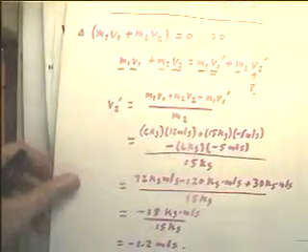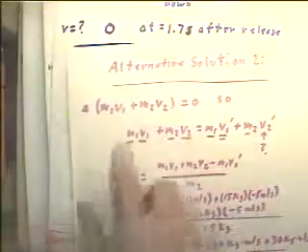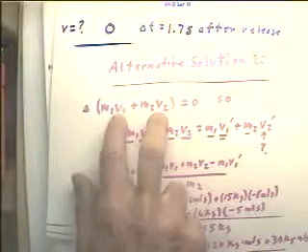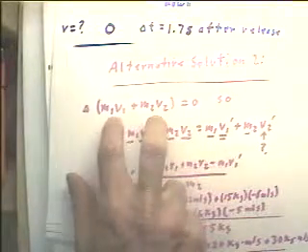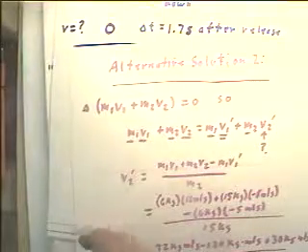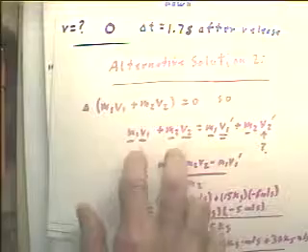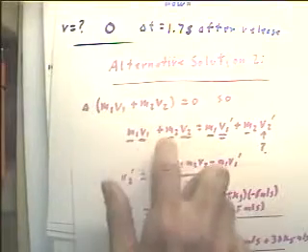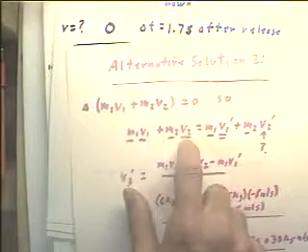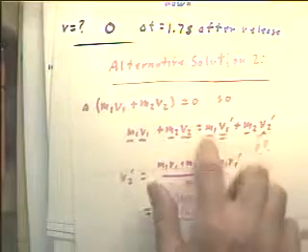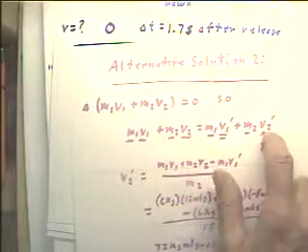And one more alternative solution. Since the change in momentum, the change in m1v1 plus m2v2, is 0, and m1 and m2 are constant, we conclude that the initial momentum, m1v1 plus m2v2, is equal to the final momentum, m1v1 prime plus m2v2 prime.